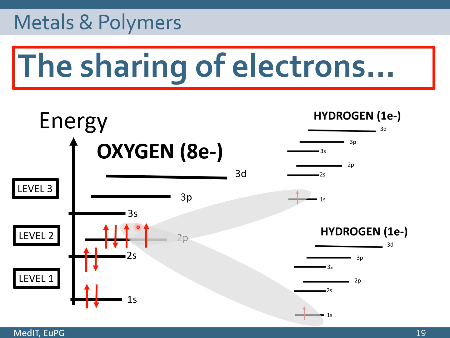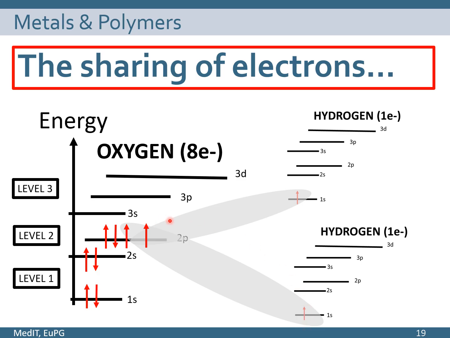And the oxygen atom shares one of its remaining single 2p electrons with each of the two hydrogen atoms. So oxygen shares this one with this hydrogen atom and this electron with this hydrogen atom. And this hydrogen atom shares its electron with oxygen, and this hydrogen atom shares this electron with oxygen.